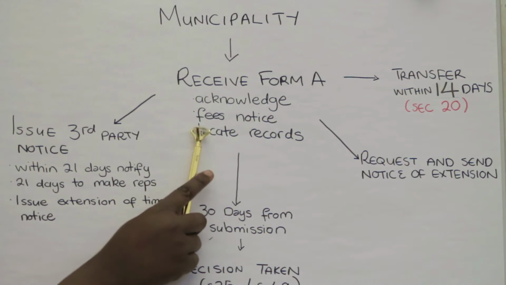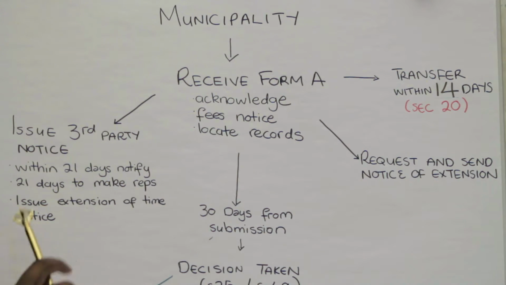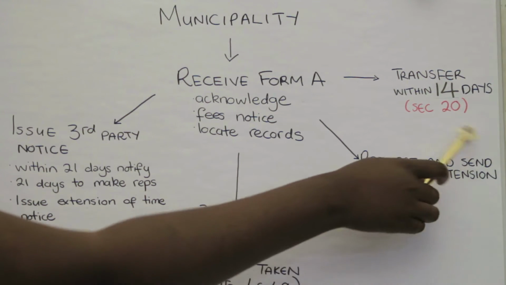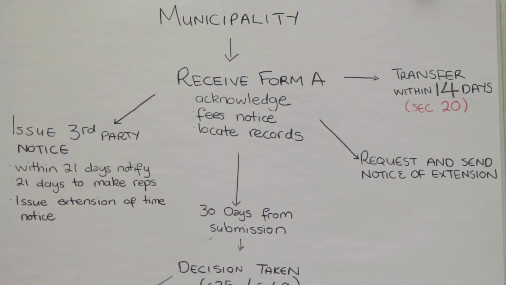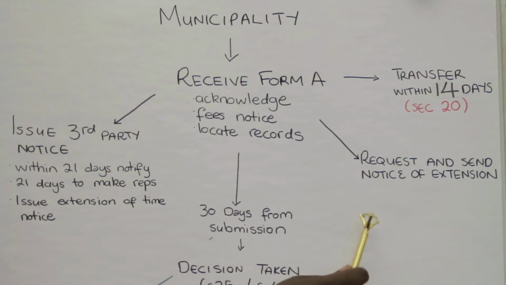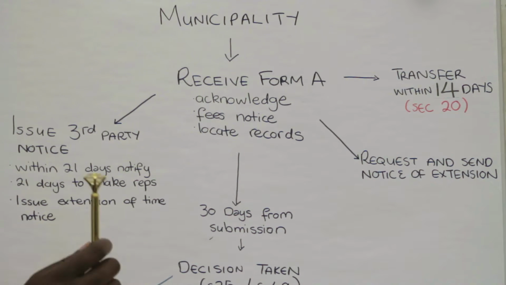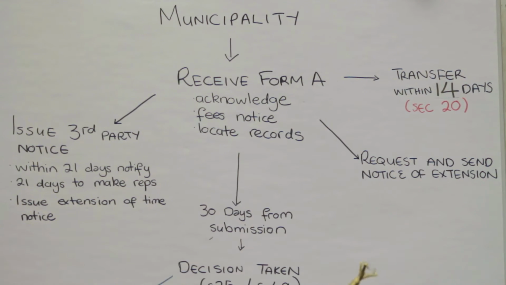Now, if an information officer does locate the records and determines that they may need a little bit more time to process the records, then in terms of PAIA, they have the option to send a notice of extension to the requestee. This notice of extension must inform the requestee that they are in fact processing the PAIA request, but are simply requesting to do it in a longer period of time.